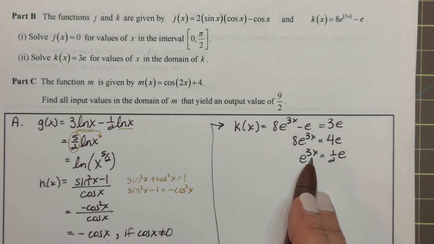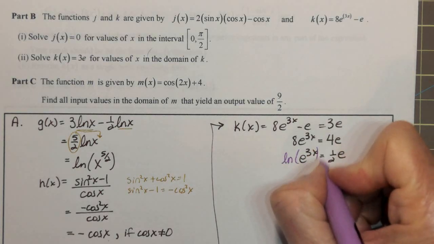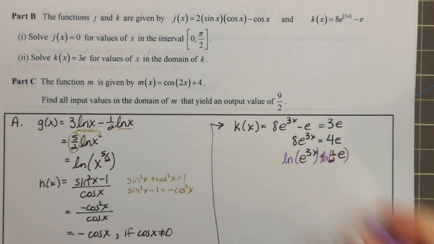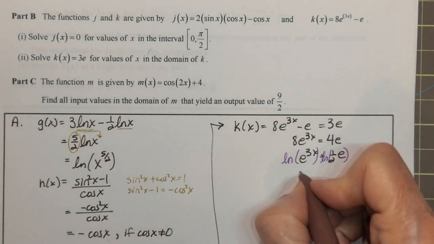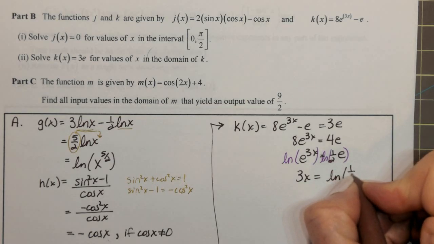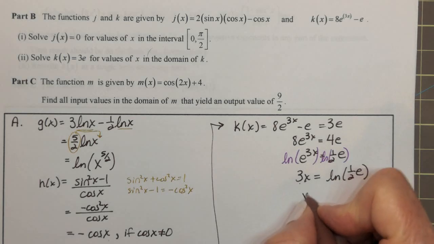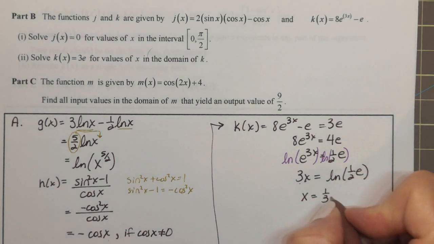So I'm going to ln both sides. So I'm taking ln of both sides. And that's how I get the 3x by itself. And now I'm going to divide both sides by 3.